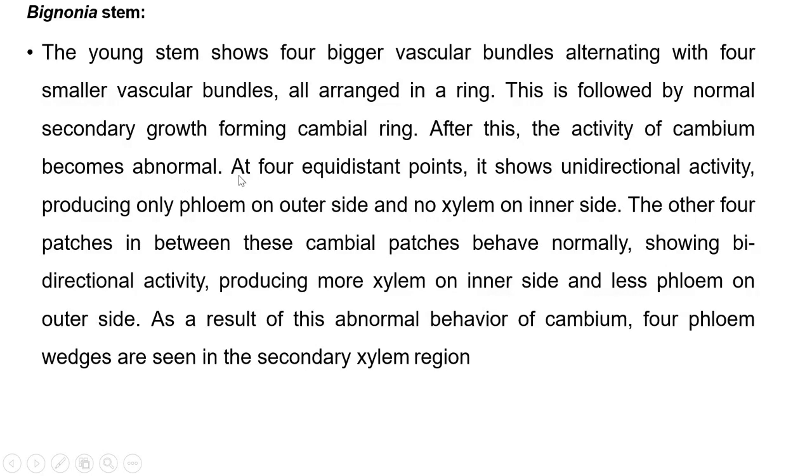At 4 equidistant points, it shows unidirectional activity, producing only phloem on the outer side and no xylem on the inner side. The other 4 patches in between behave normally, showing bidirectional activity, producing more xylem on the inner side and less phloem on the outer side. As a result of this abnormal behavior of cambium, 4 phloem wedges are seen in the secondary xylem region.